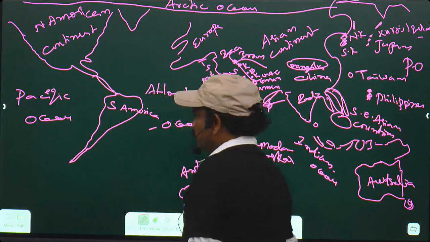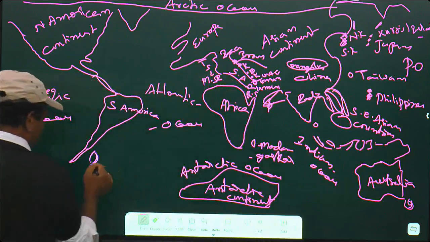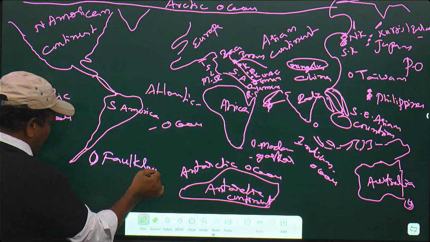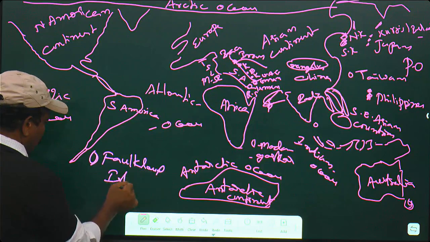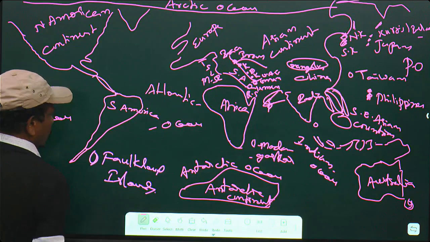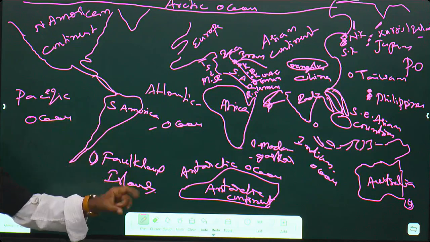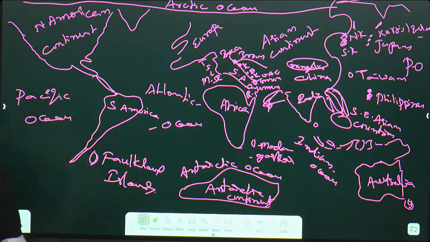Look at the board. Okay. Point number 1 is subtropical high pressure belt. All tropical deserts we can see on the western side of the continents.